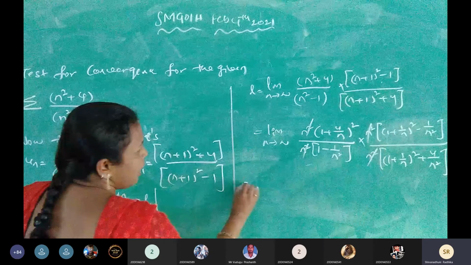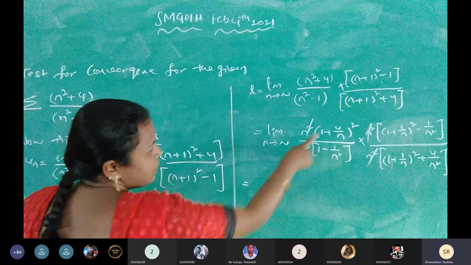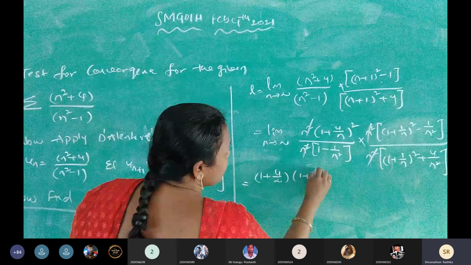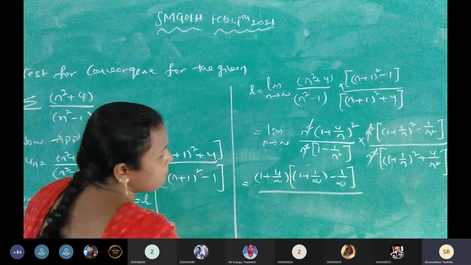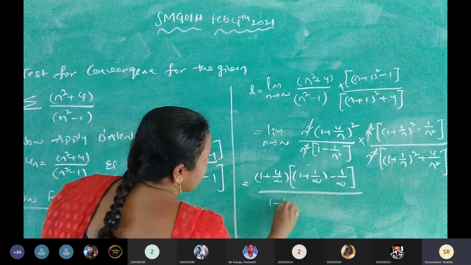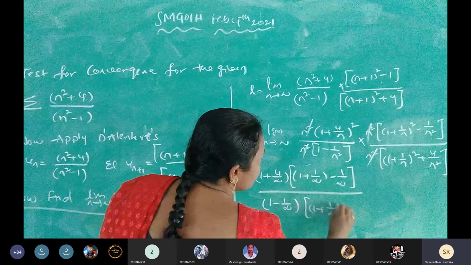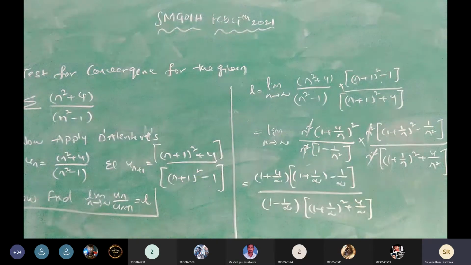Again I apply the limit n equals infinity. So 1 plus 4 by infinity into 1 plus 1 by infinity minus 1 by infinity square, by 1 minus 1 by infinity whole square into 1 plus 1 by infinity whole square plus 4 by infinity square.